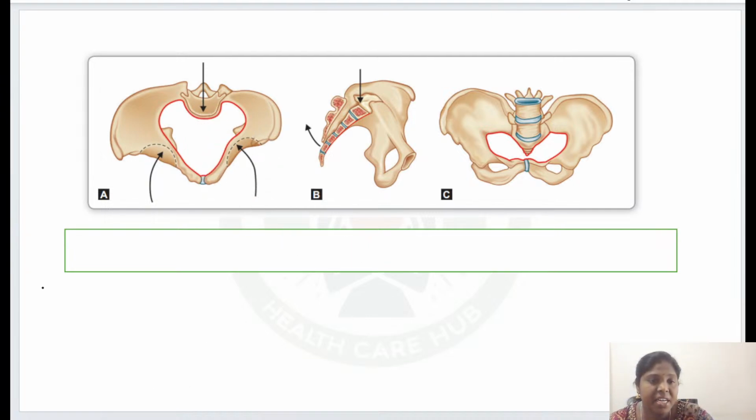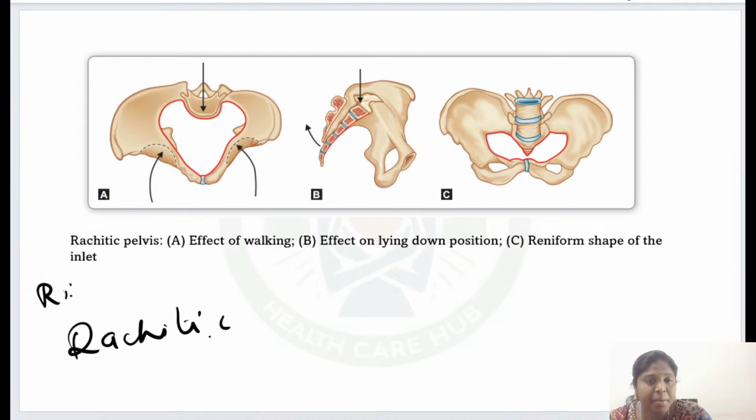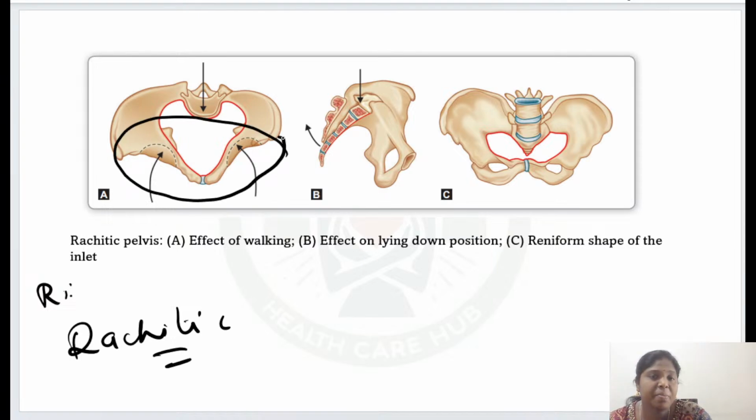And once the term rickets comes, this particular pelvis name also starts with the letter R, and usually in childhood changes occur in the shape of this pelvis. So the classic changes you can see here. So this is called the rachitic pelvis.